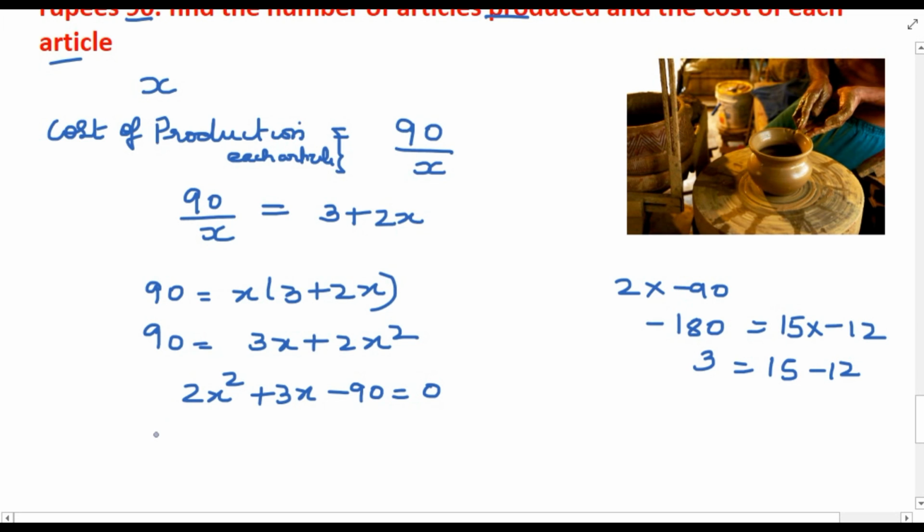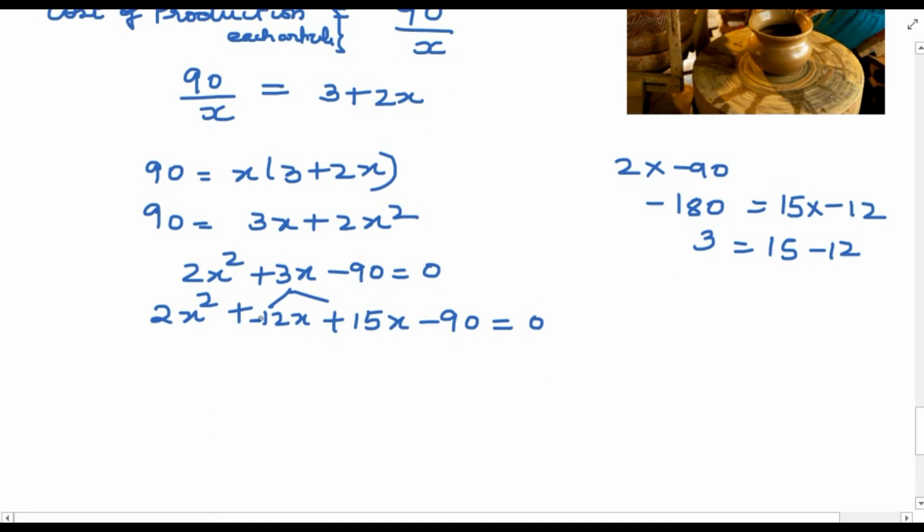So now we can write 2x square plus this 3x you can split as plus 15x minus 12x minus 90 equal to 0.